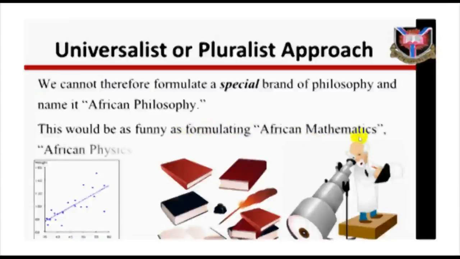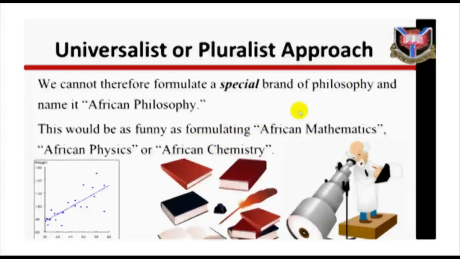Again, the universalists insist that Africa is part of the world, and being part of the world, other people's cultures, religions, and worldviews have now penetrated Africa. We now have Christianity, Islam, urbanization, industrialization, and globalization as part and parcel of African reality.